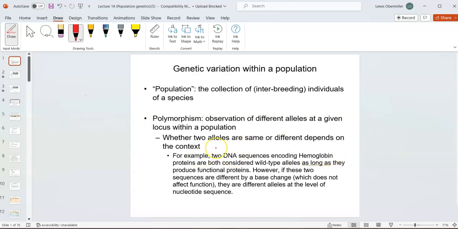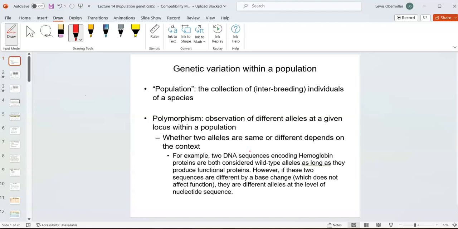So that's what polymorphism means. And we talked about this before. We talked about mutations and stuff. But I just want to remind you that when we're talking about alleles, the difference in allele can come down to simply the DNA sequence. It doesn't mean that it has to change the function. It doesn't mean that we have to see a different phenotype.